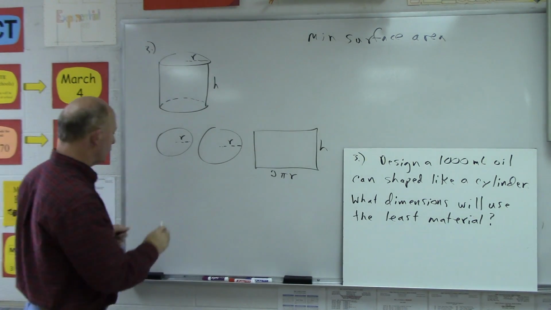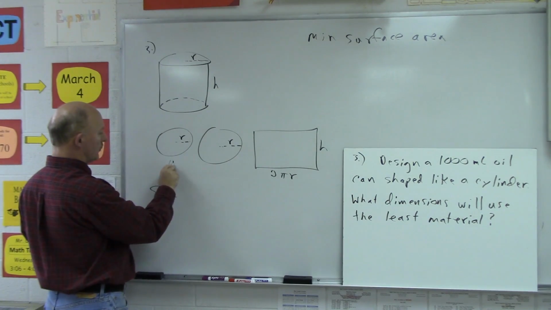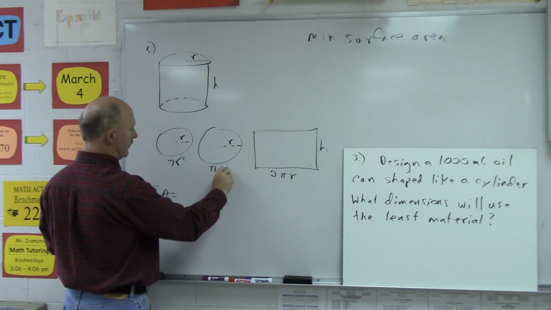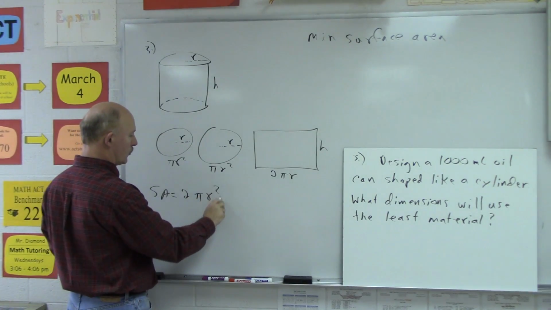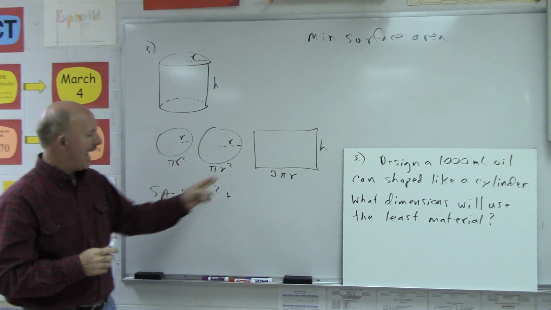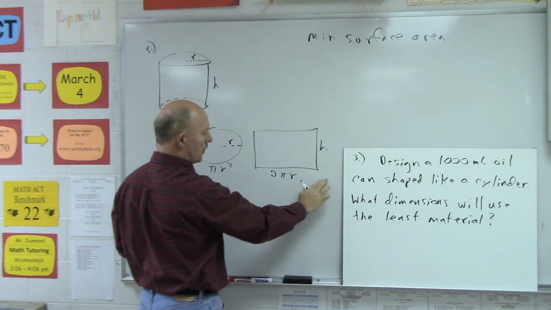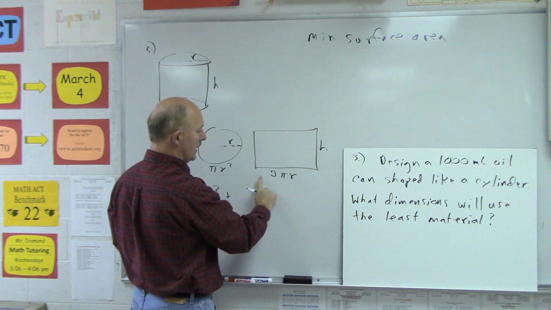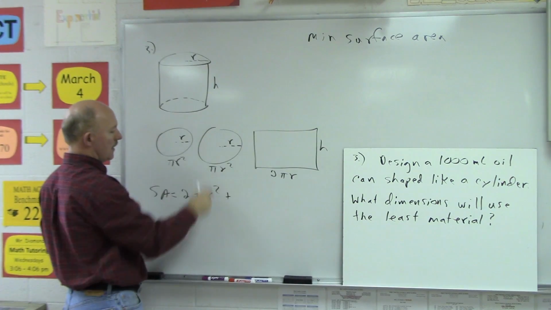So as we describe our surface area, you got 2 circles. The area of the circle would be pi r squared, pi times the radius squared. So the surface area would be 2 pi times the radius squared, plus our lateral area. When you flatten the can out, you end up with a rectangular area. The bottom of the rectangle is 2 pi r, the circumference of your circular area.